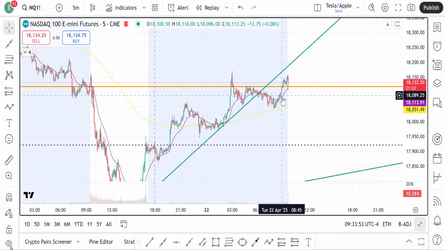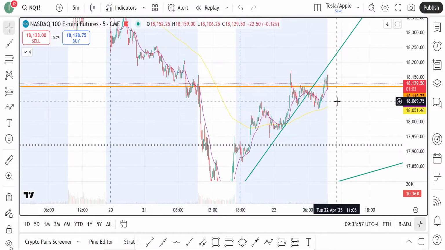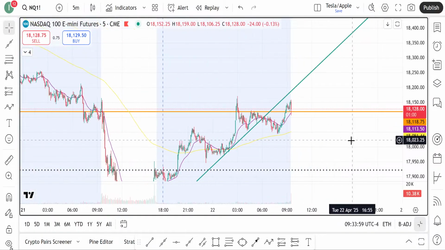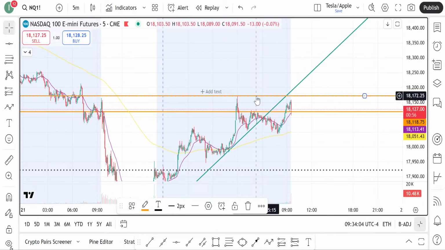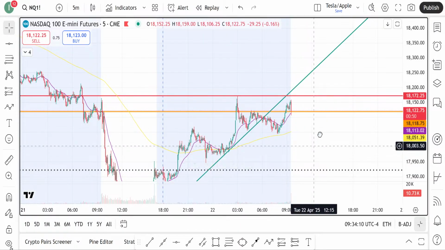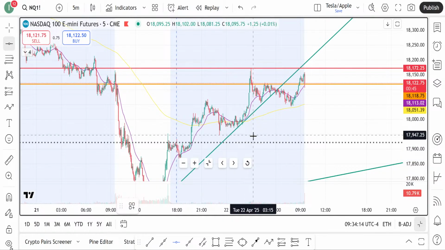Not sure what the market wants to do, but we clearly have some resistance here on the lower time frame, and also down here, we have some support.